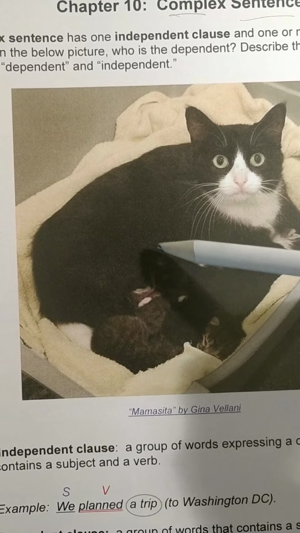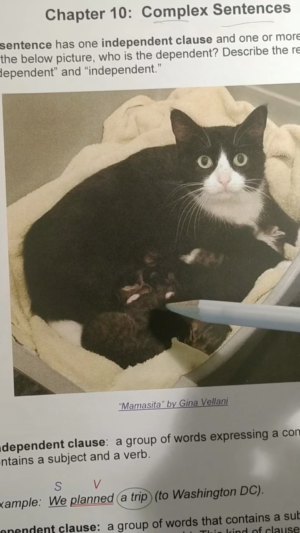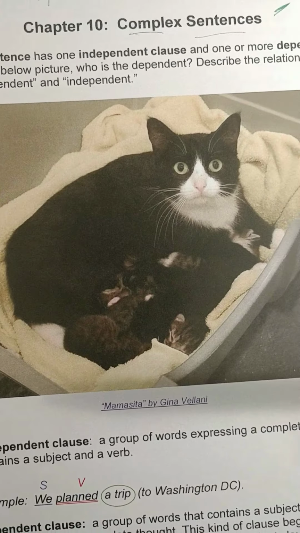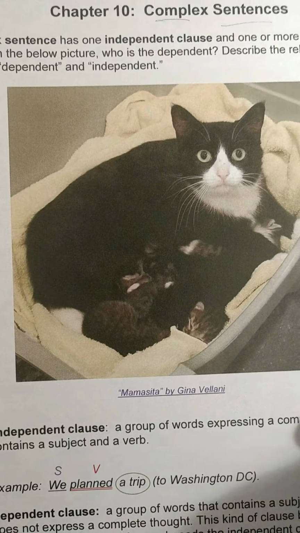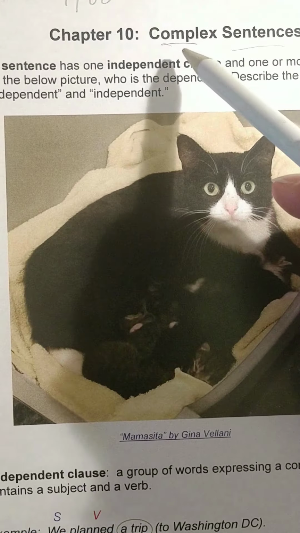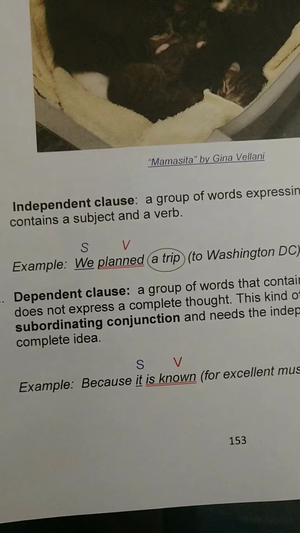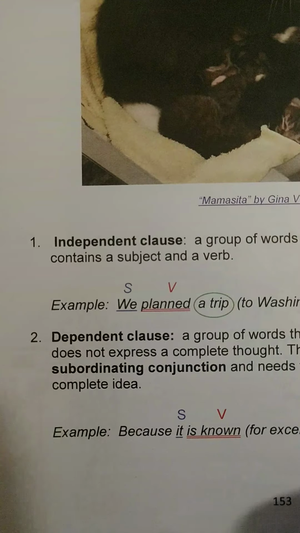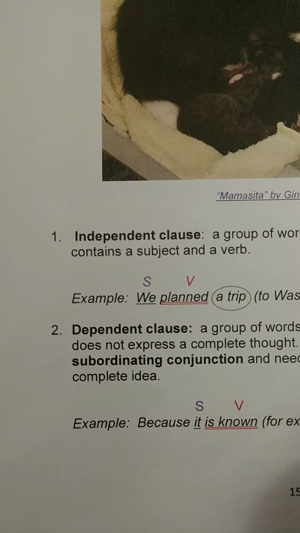The mother cat cleans them, she feeds them. These kittens will die if the mother cat is not around. So it's the same thing with independent and dependent clauses in a complex sentence. All right. So an independent clause is basically a group of words that can stand by itself.